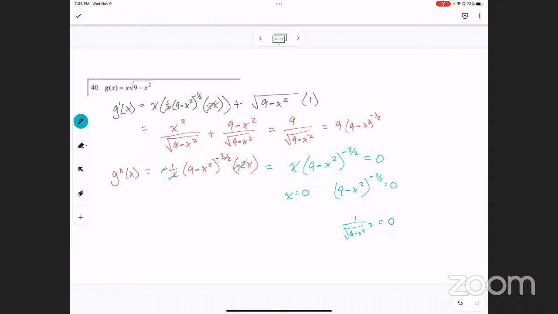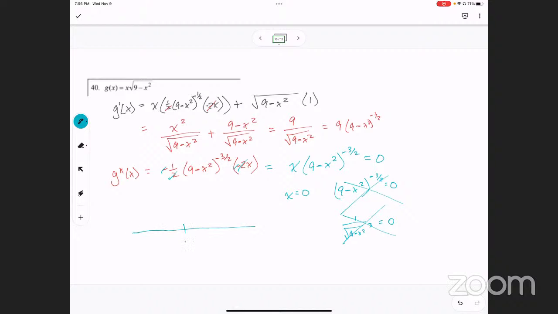Is that possible for that to equal 0? No, because if I had that equal to 0, I would have a 0 in the denominator. So we just say, no, that can't be. So the inflection point is going to be 0.